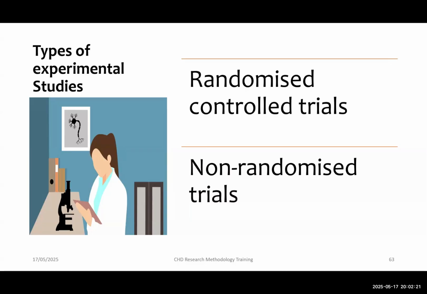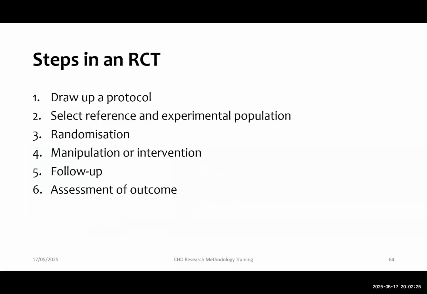So there are steps in carrying out a randomized control trial. You must draw up your protocol. Your protocol is your procedure, your standard operating procedure that you want to use to carry out this study. It must be detailed and written down explicitly.